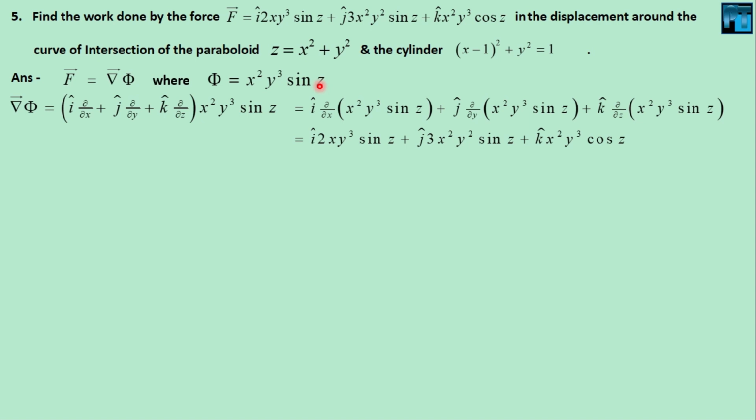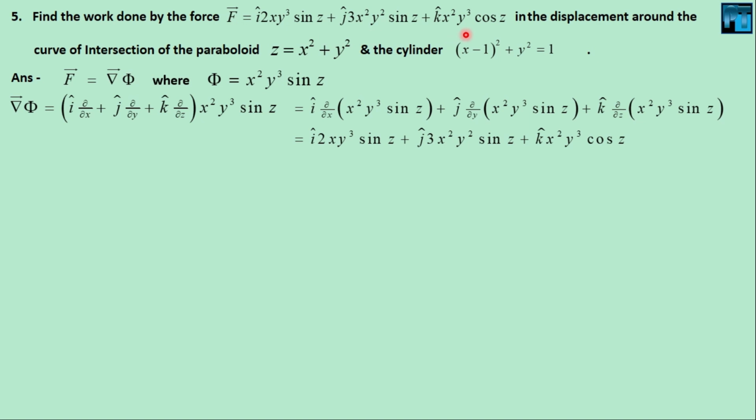What is the confirming part? See, x square y cube confirms. This is the z differentiation format, cos z. What is the differentiation of sin z? Cos z. So the format though looks a little bit lengthy, a little bit complex, it is very simple indeed.